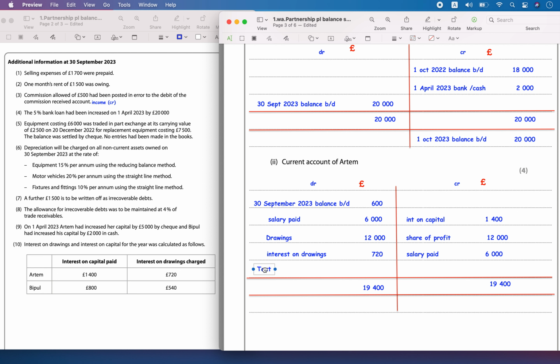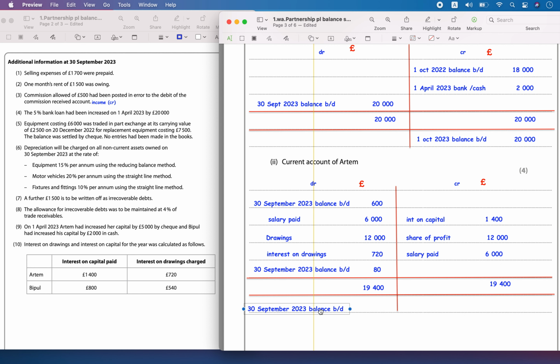So the balance brought down on 30th September 2023, again the balance carried forward after this appropriation of this account, after adding the profits, is going to be equal to 19,400 minus 12,000 minus 6,000 minus 720 minus 600, which is equal to 80.